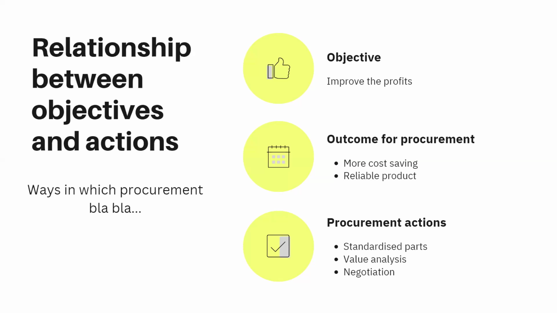The answer should not include something like procurement should achieve more cost saving or provide more reliable products. Those are the objectives, the outcomes for procurement, not actions. We need to focus on the actions. This is a very important point. You need to deliver the things that the assessor wants to see. Here, it is about doable actions for procurement.